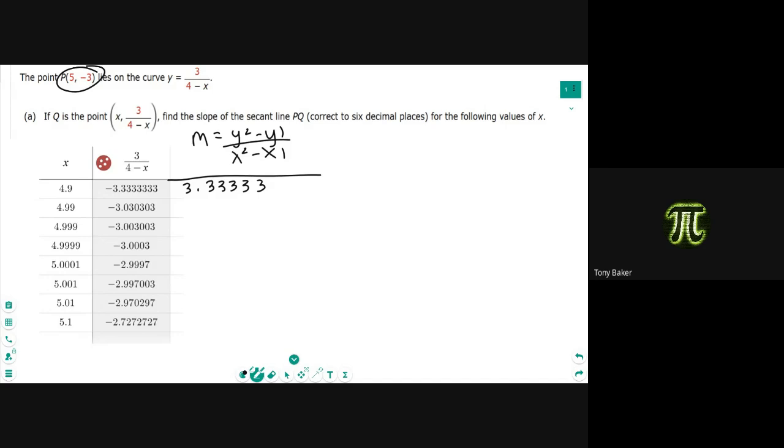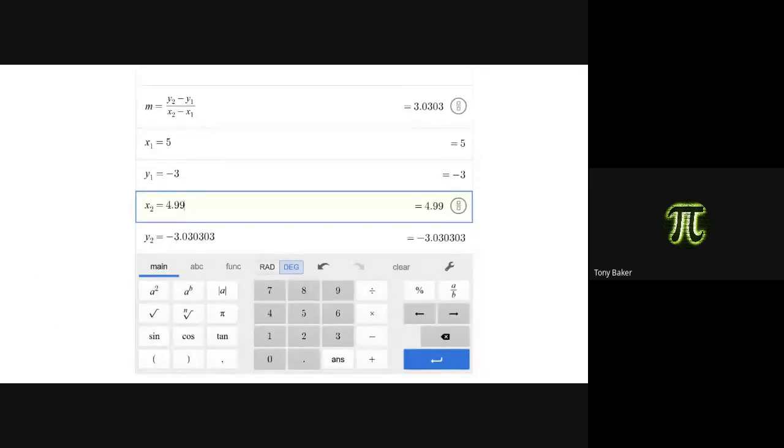And then I go back. 0.30303. And I plug this one in, and I get 3.0303.